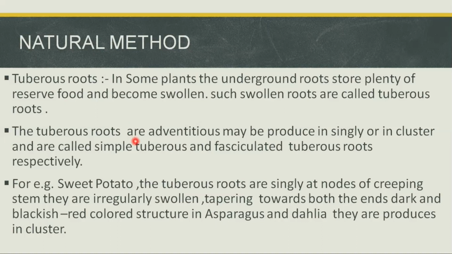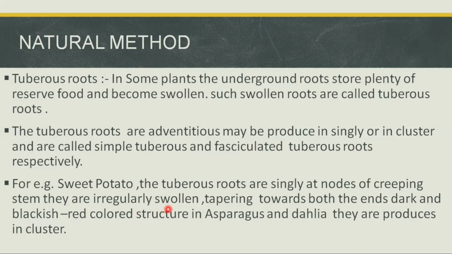The tuberous roots may be produced singly or in a cluster, and are called simple tuberous and fasciculated tuberous roots respectively. Simple means the tuberous roots are in single form, and fasciculated means they are in cluster form. For example, take sweet potato. Tuberous roots are single at the nodes of the creeping stem. Creeping means the stems spread along the ground.